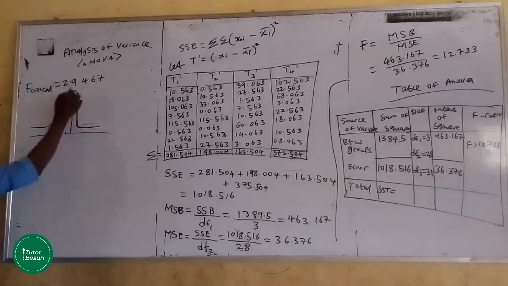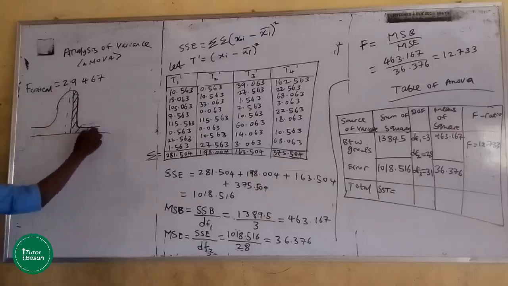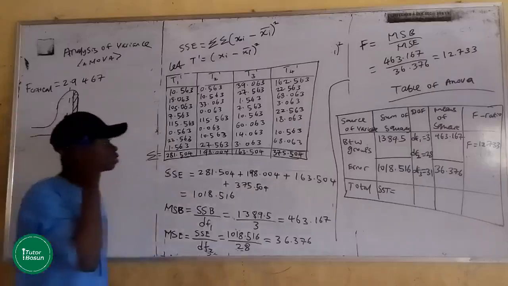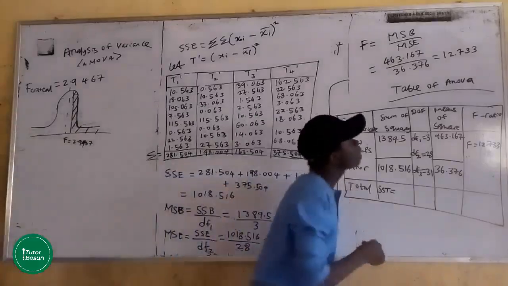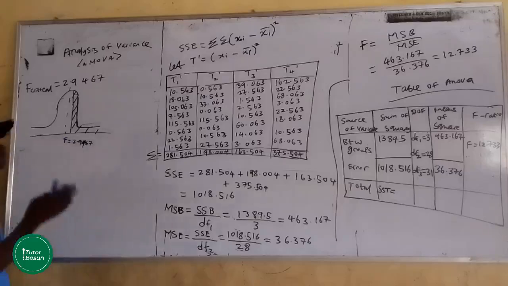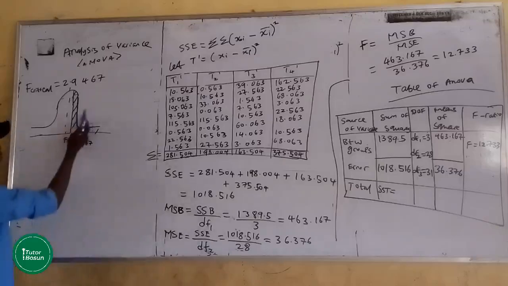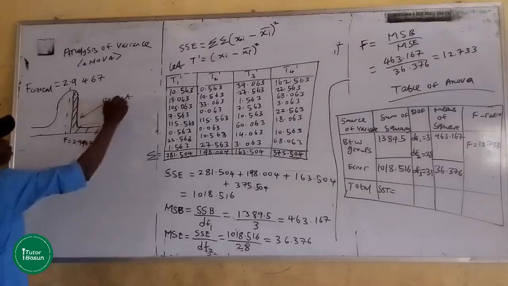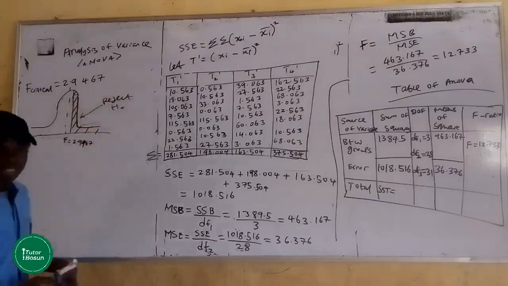Anything that falls within this region, you are going to reject that hypothesis. Our calculated F is 12.733, and 12.733 will be after 2.9467. It will be in this region. And anything that falls in this region we reject. We reject H0.